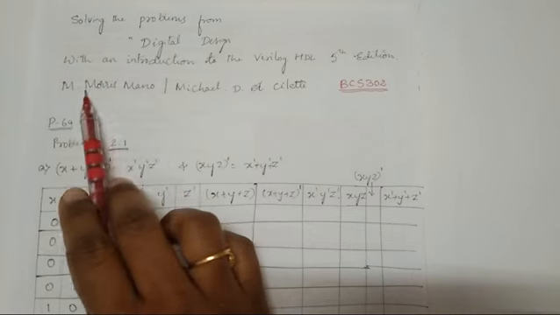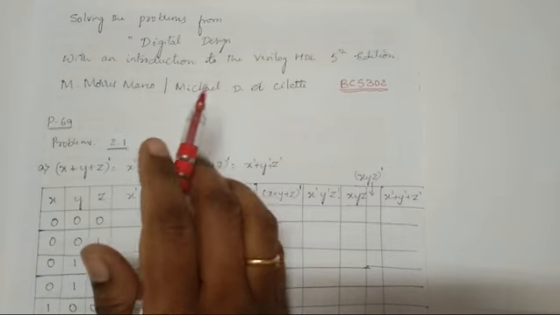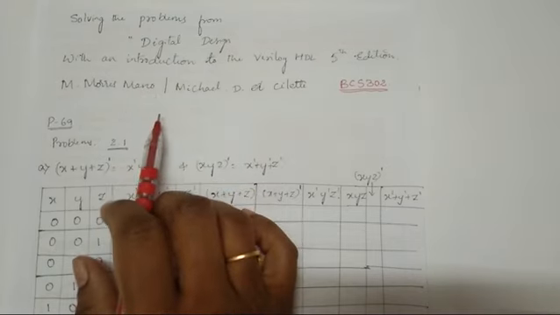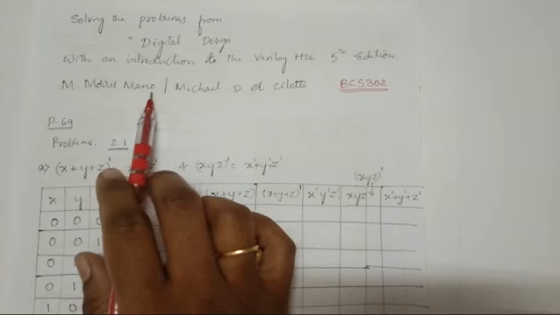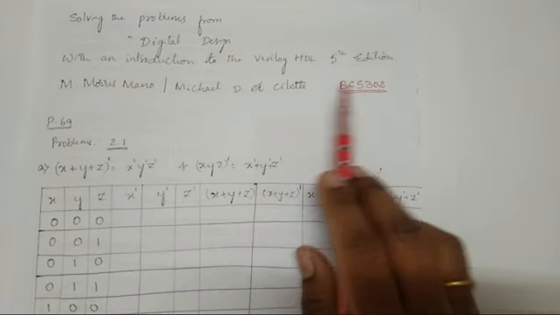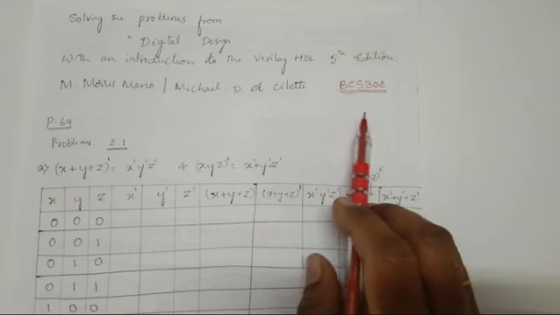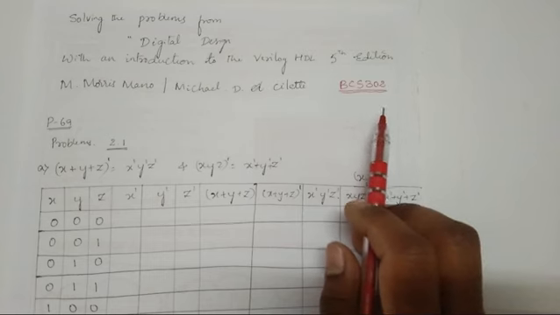The exercise sums will be provided in one playlist, whereas the theory part, the explanation of this subject, will be provided in another playlist. You can check in the playlist section.